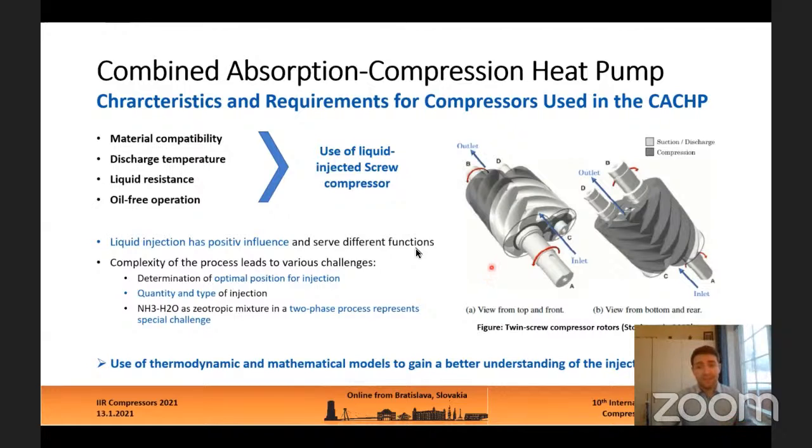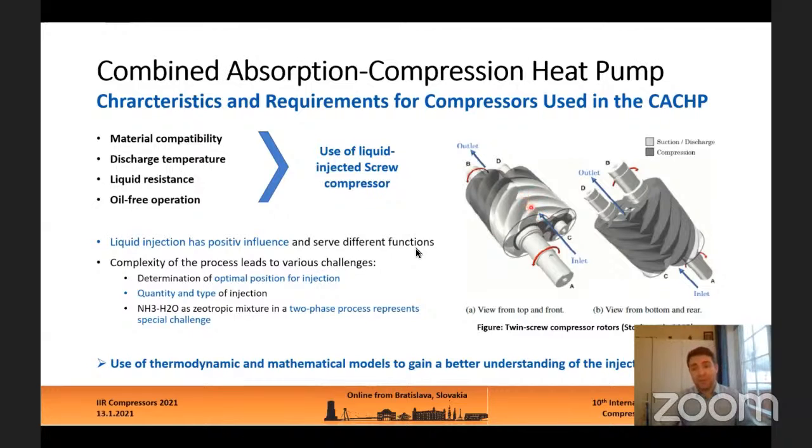For instance, the liquid helps to reduce the temperature during the compression process, but also serves for lubrication and sealing between the rotors. Nevertheless, on the other side, we also have a complexity of the process that leads to various challenges. For instance, we need to figure out where to place the injection port, or whether we have more ports.